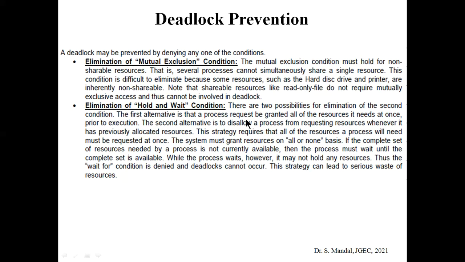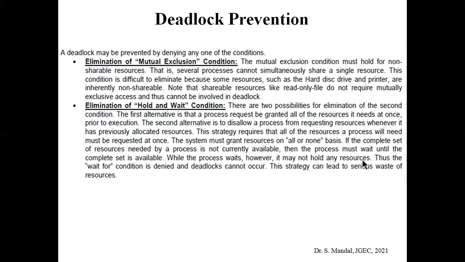So in this strategy there is no hold and wait condition, because we are granting all of the resources to only one process at a certain time. If the complete set of resources needed by a process is not currently available, then the process must wait until the complete set is available. While the process waits, however, it may not hold any resource.